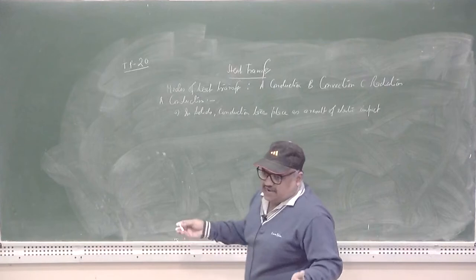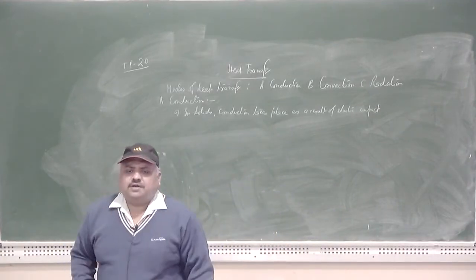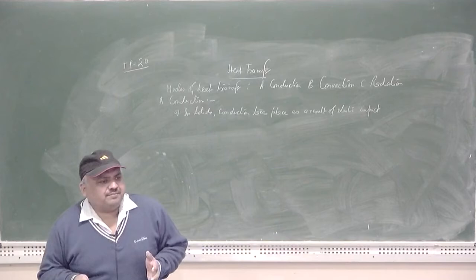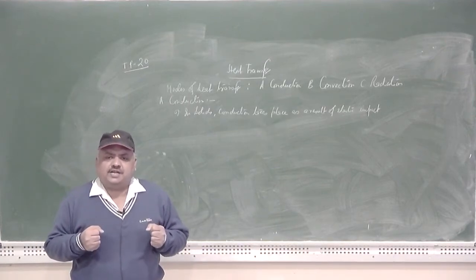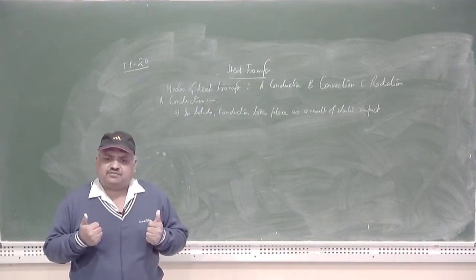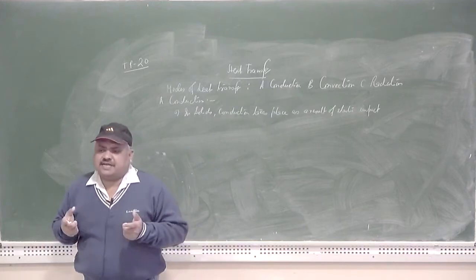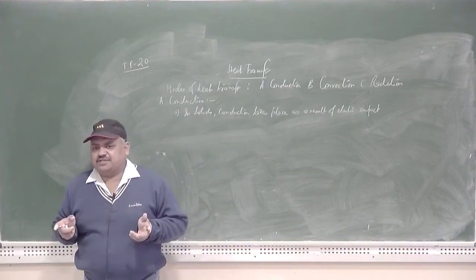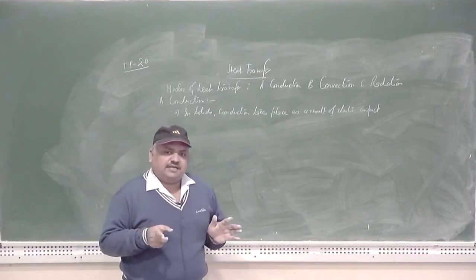Why am I saying that the elastic impact should be there? As you know, the principle of elastic impact is that once an elastic impact between two material bodies having two different velocities takes place, there is an interchange of velocity. Interchange of velocity means the interchange in the kinetic energy.